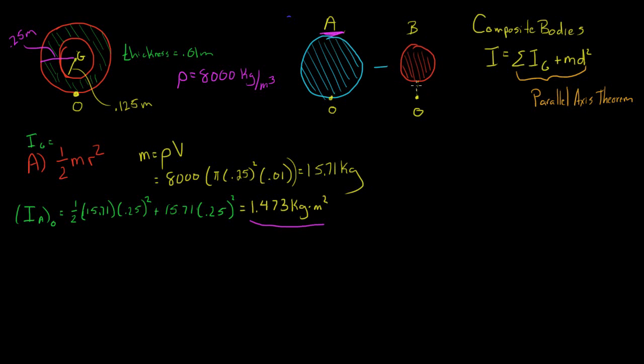Now we just need to figure out what the moment of inertia of B is. So if we look at B, we're going to take the same steps. It's just a different size disk, and we're going to get the mass is equal to the density times the volume, and this is equal to 8,000 times pi r, and our r is just this 0.125, squared, times this thickness of 0.01.